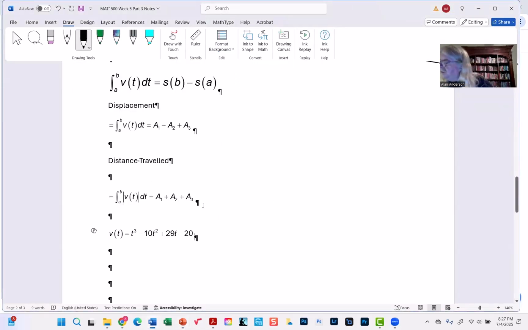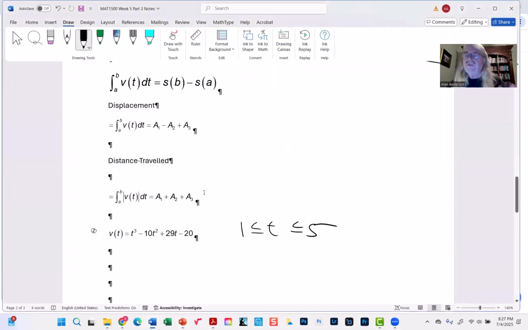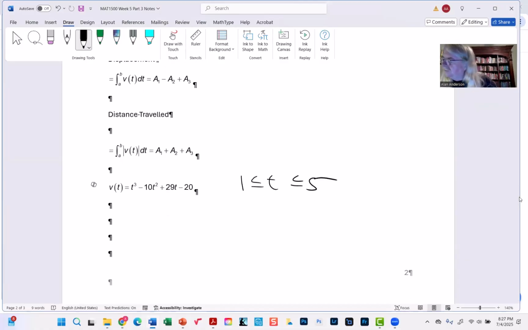So keep in mind, t is bounded between 1 and 5. So the displacement means that we're going to use the actual signs. We're not going to use the absolute values. All right, so let's do that. So first of all, we need to know the actual integral of this function.